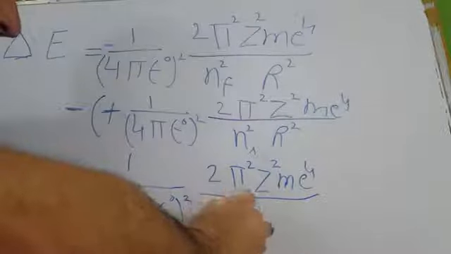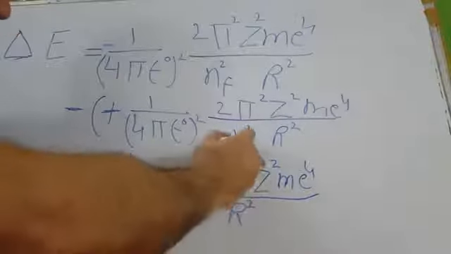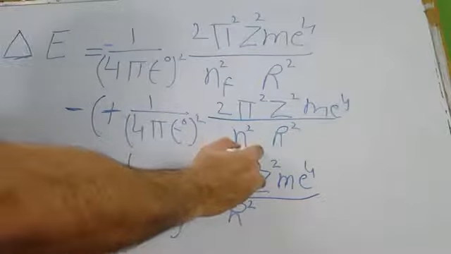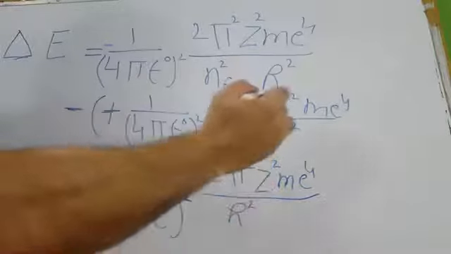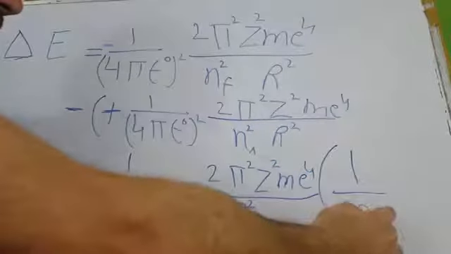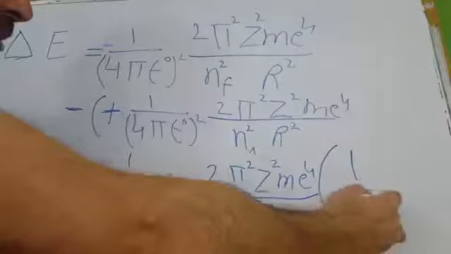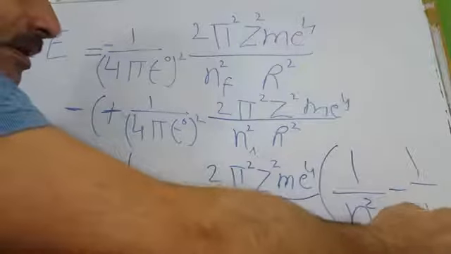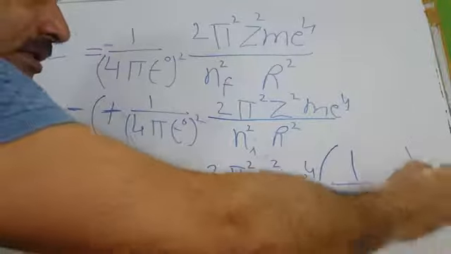We take h square out, because here it would be n final square minus 1 upon n initial square.